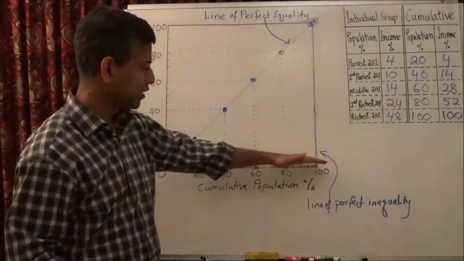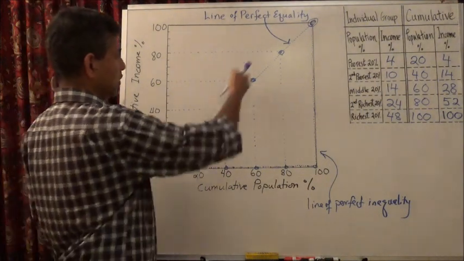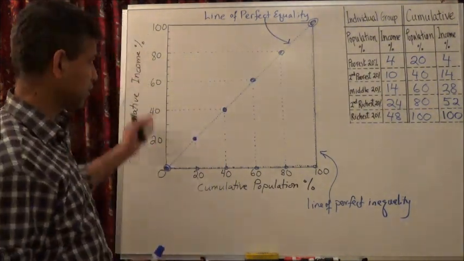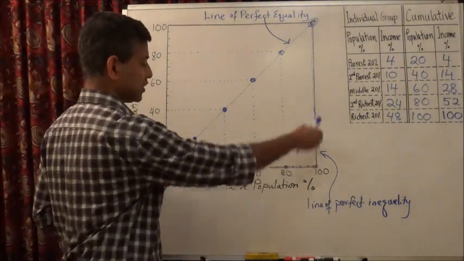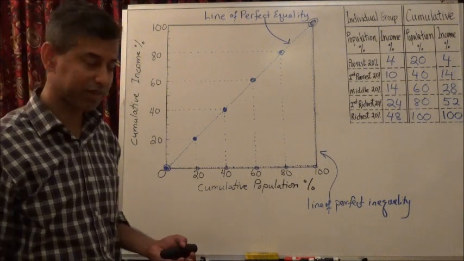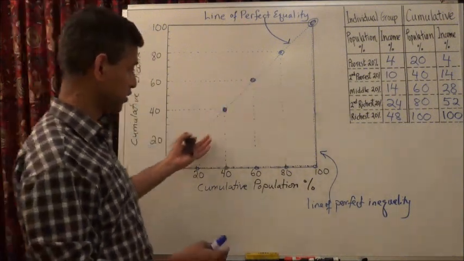So these are meant to be benchmark visualizations of what a perfect equality situation would look like on a graph like this, and how perfect inequality would look. In practice, we will have something in between, and the question is, where in between? And that's what we are trying to draw.